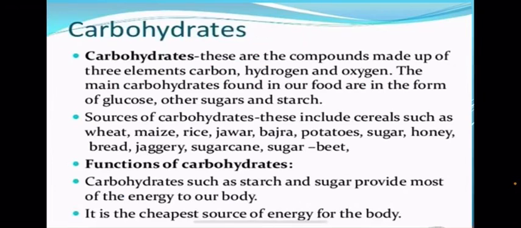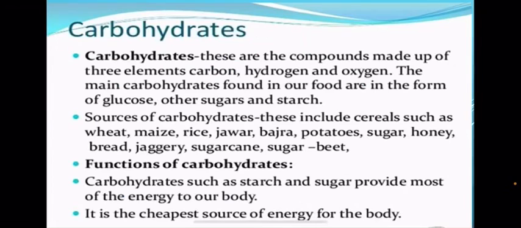Now, carbohydrates. These are compounds made up of three elements: carbon, hydrogen and oxygen. The main carbohydrates found in our body are in the form of glucose, other sugars and starch.